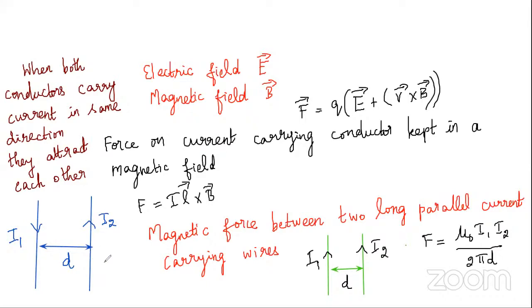In that case these two conductors experience a repulsive force. So when the conductors carry current in opposite direction, they repel each other with the same amount of force, mu naught I1 I2 by 2 pi into d. So this is the concept of magnetic force between two long current carrying wires.